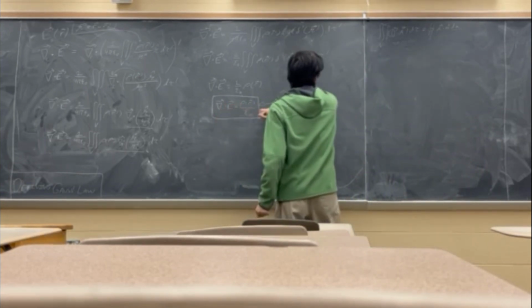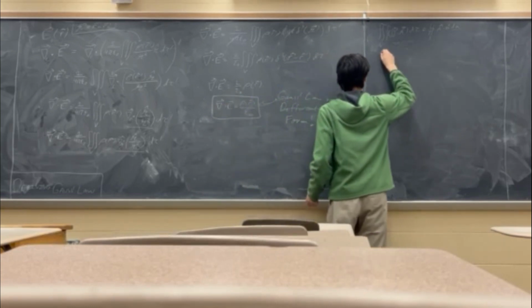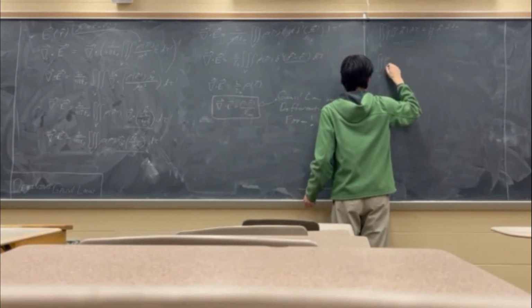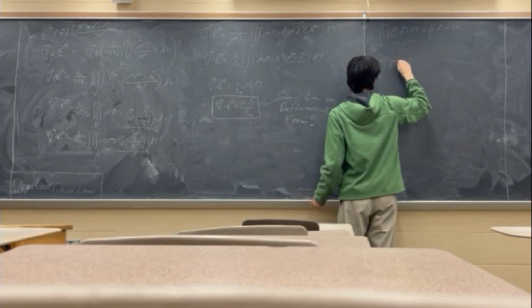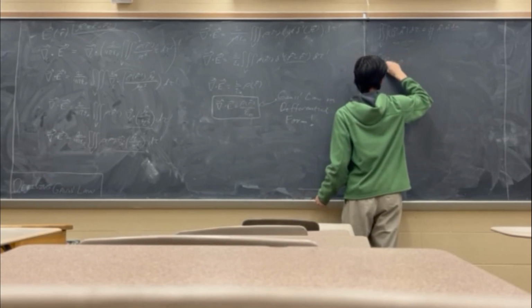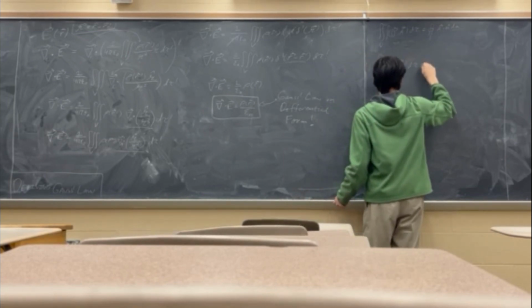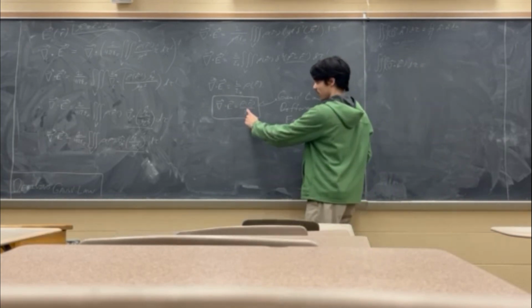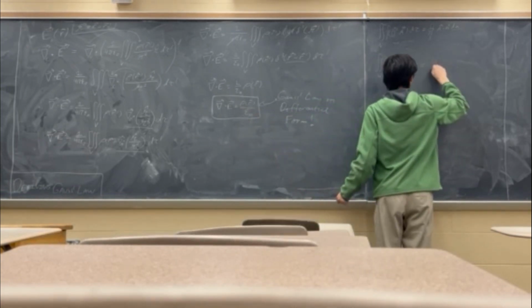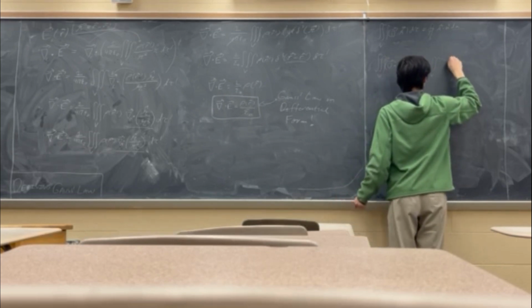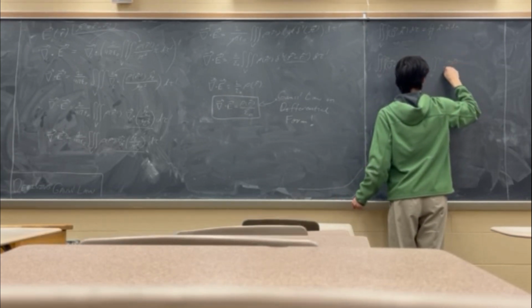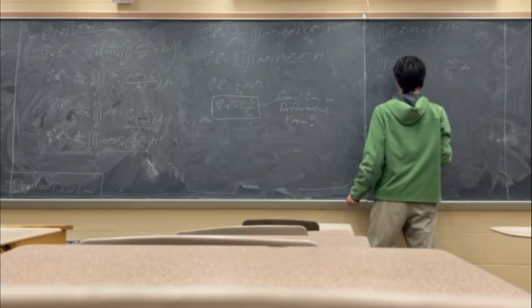Let's take the divergence of E and just integrate it. So we have the volume integral of the divergence of E d tau, equal to, and now if we integrate the other side, we end up with the volume integral of rho of r over epsilon naught d tau.